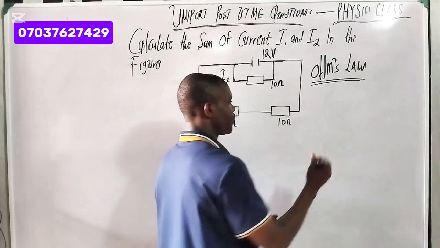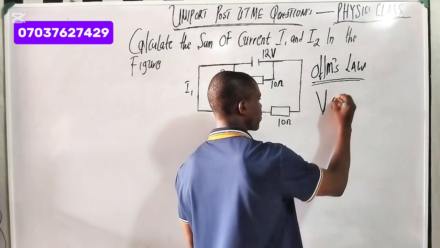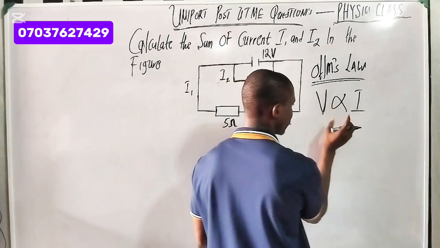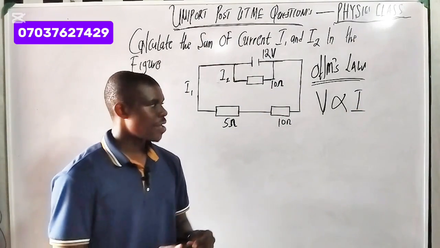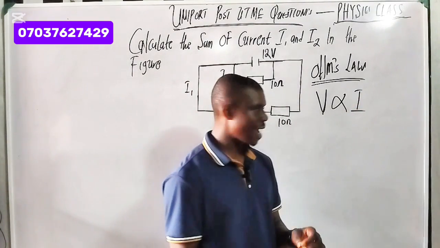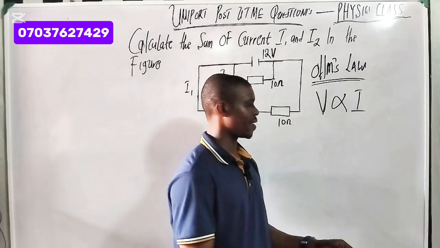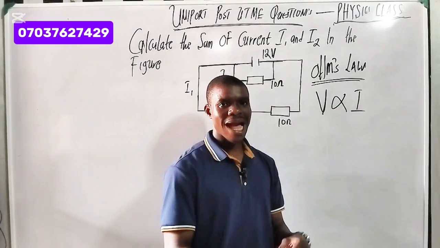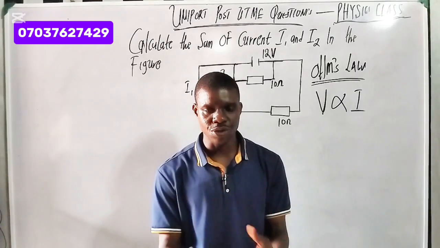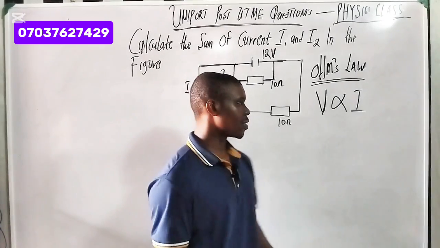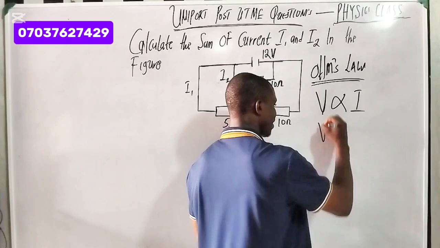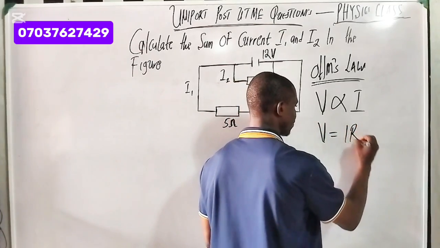So V is directly proportional to I. You should be familiar with this. Of course, we want to remove the proportionality sign and introduce a constant. The constant here is R, which is called resistance. So now it's V equals I times R.